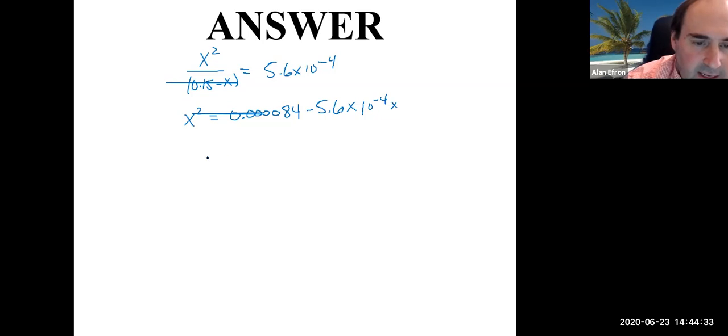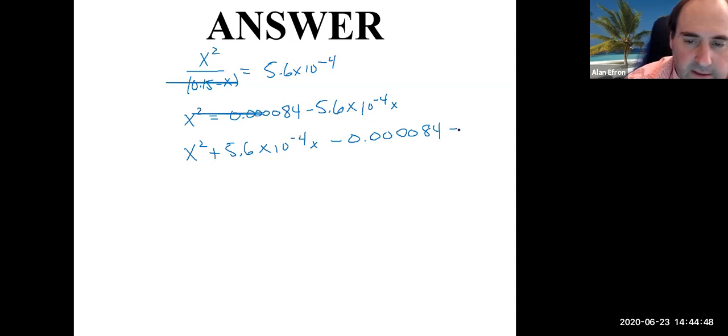Combining everything to one side gets us x squared plus 5.6 times 10 to the minus 4 x minus 0.0000084 equals 0.